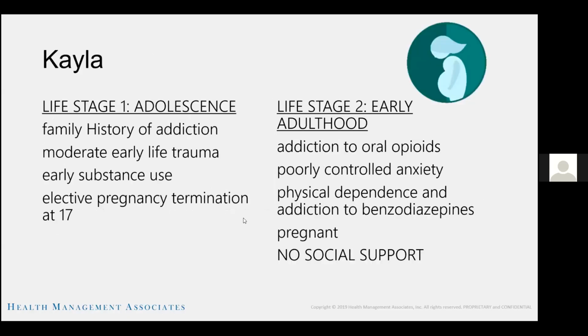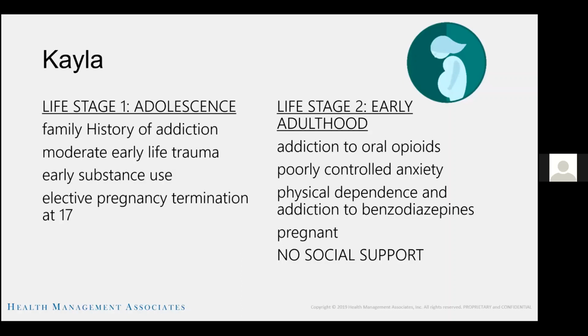Let's start with a patient. And this is a patient I mentioned a little bit earlier in one of our talks. So this is Kayla, life stage 1. So her adolescence, she had a family history of addiction, and genetically speaking, that family history of addiction increases your risk pretty substantially, and is probably responsible for about 60% of your total risk analysis, as best as we can identify.